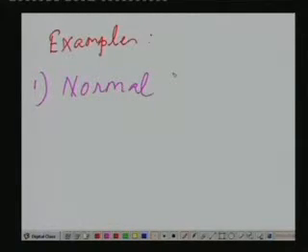It will be interesting to consider some standard probability density functions like normal distribution or uniform, and things like that. Number 1, normal.